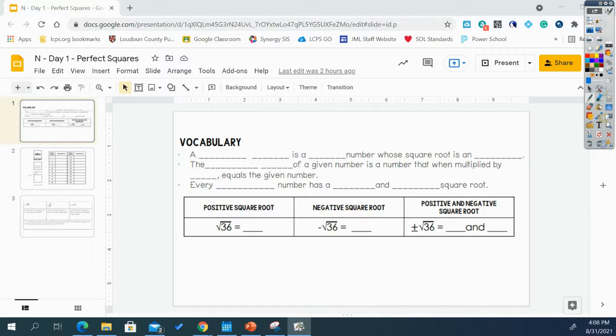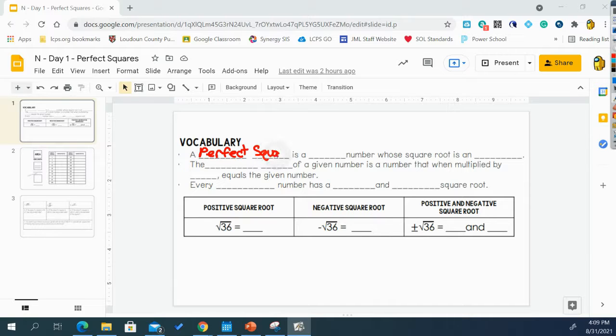So, a perfect square is a whole number whose square root is an integer.